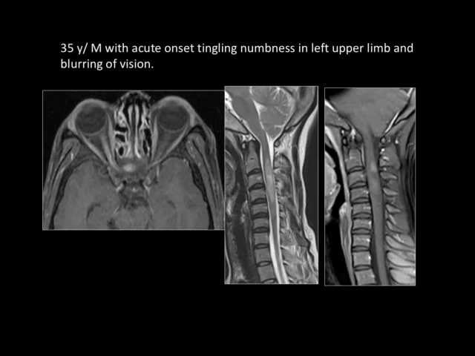Right. It shows enhancement. Then there is a long segment hyperintensity involving the cervical cord.